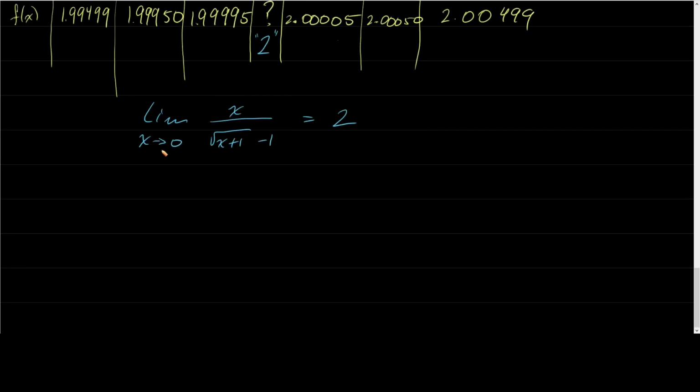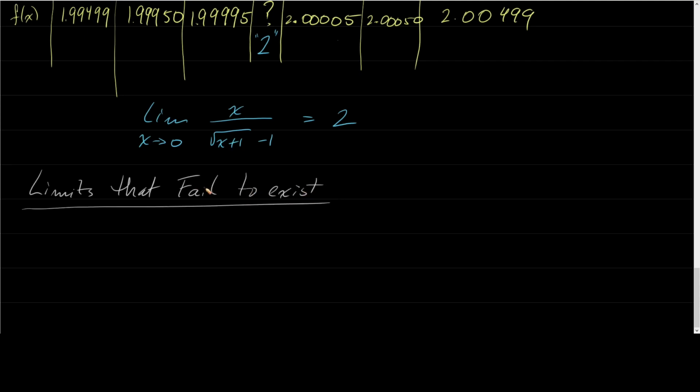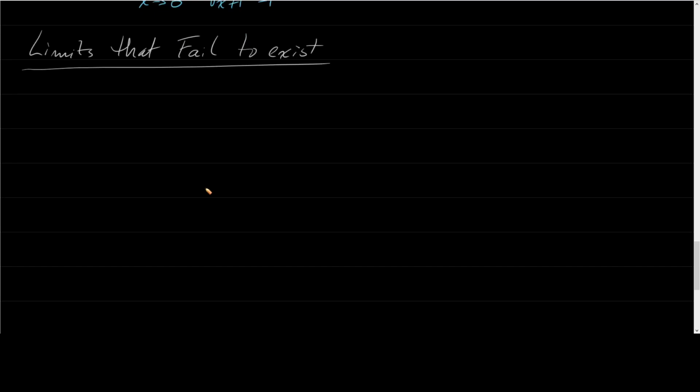Now let's talk about limits that fail to exist. So it's possible for a function to not have a limit at a very specific spot.